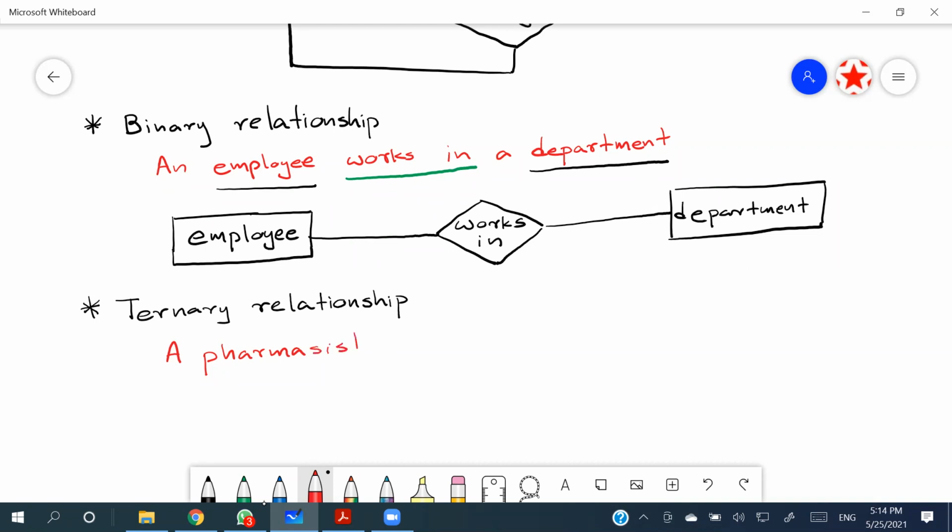Pharmacist. Now here, what you can see is there are three nouns in the single sentence: pharmacist, drugs, patient.